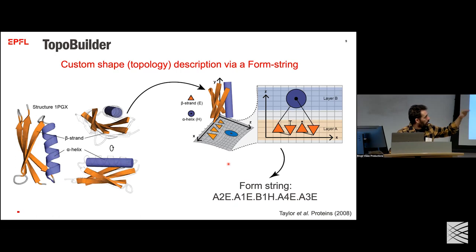If you have multiple layers, you know which layers, or how many layers you have in your protein. In this case, you have layer A and layer B, and you could have more layers if you wanted.